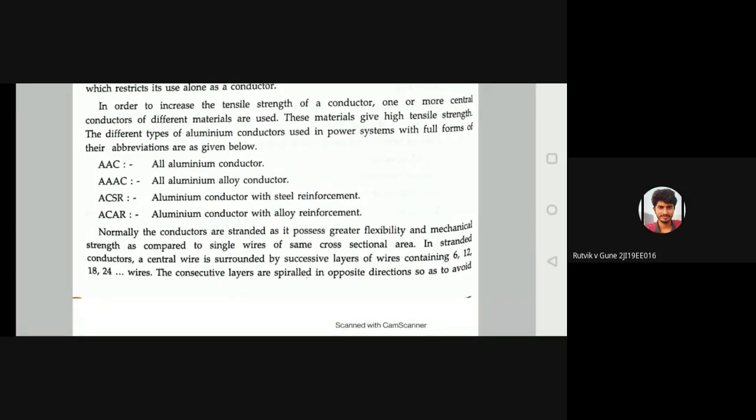In order to increase the tensile strength of a conductor, one or more central conductors of different materials are used. These materials give high tensile strength. The different types of aluminium conductors used in power system with full forms and their abbreviations are given below. So what are they? AAC, all aluminium conductor, means all conductors are aluminium.